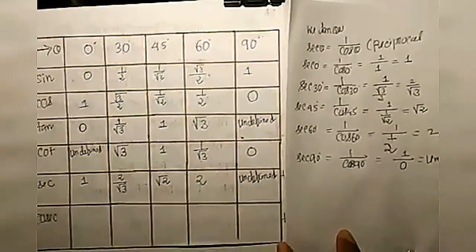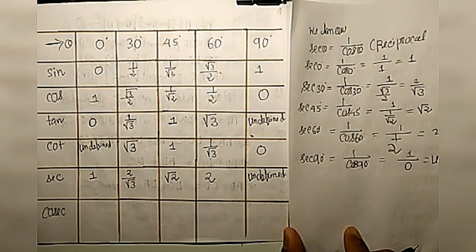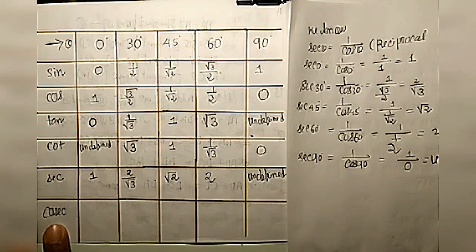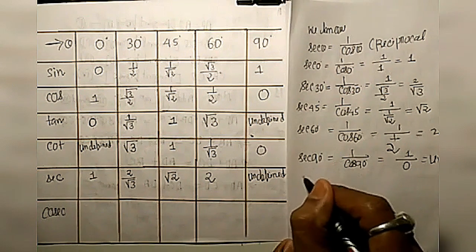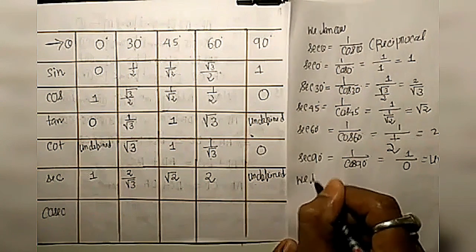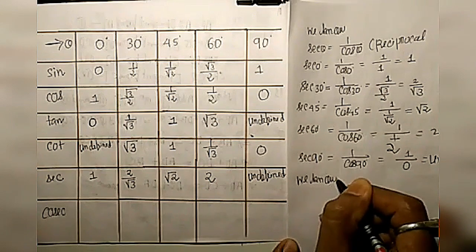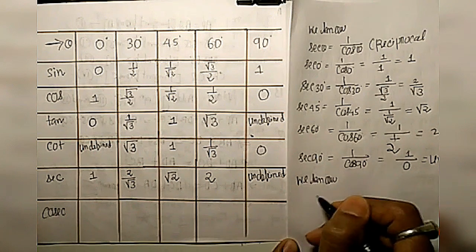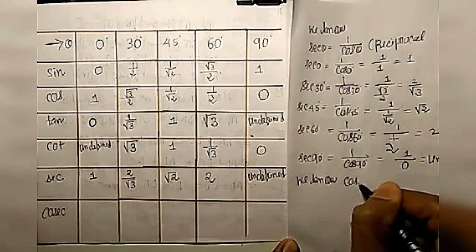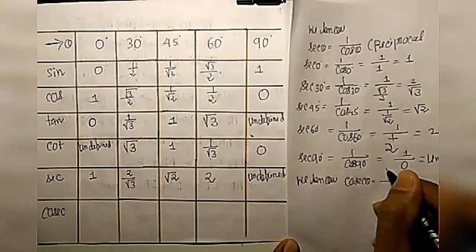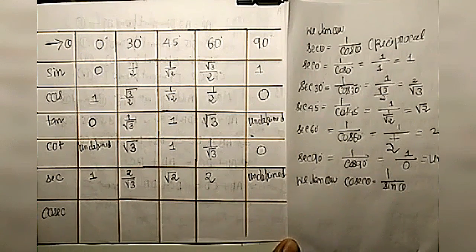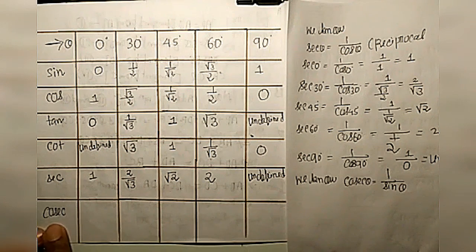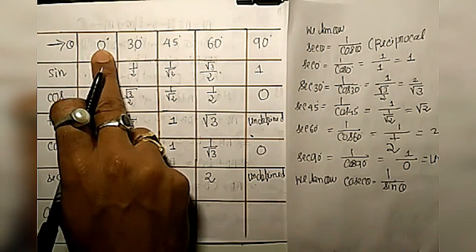So move to the last one, cosec. So we know cosec and sine are reciprocal. So we know that cosec theta is equal to 1 by sine theta. They are reciprocal. We have learned this in the relationship between the trigonometric ratios.